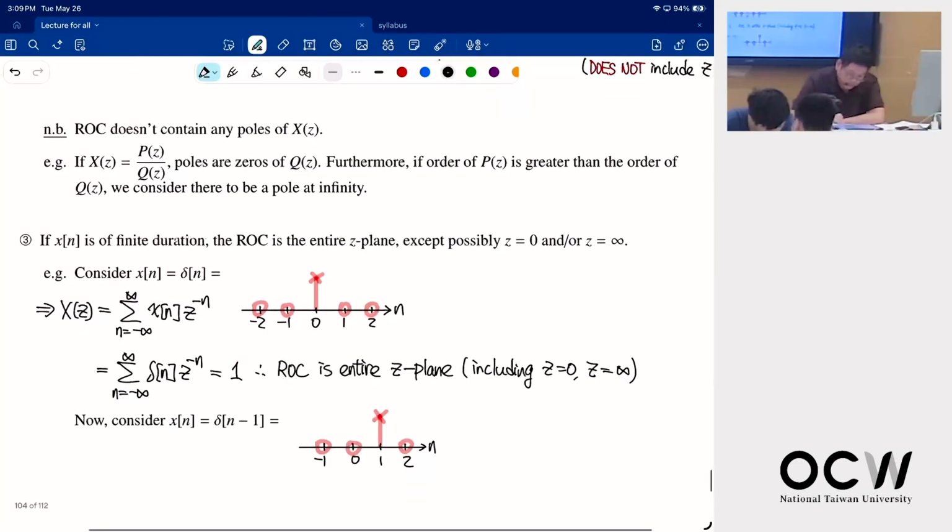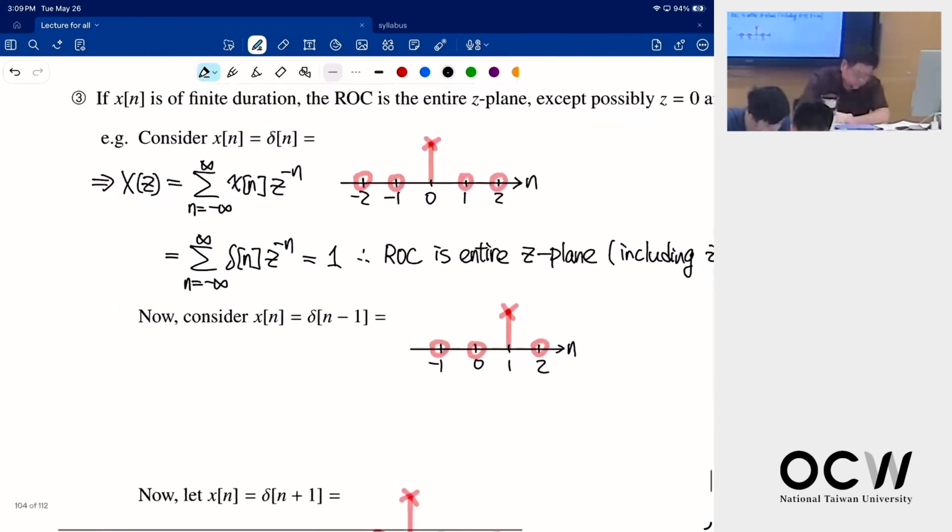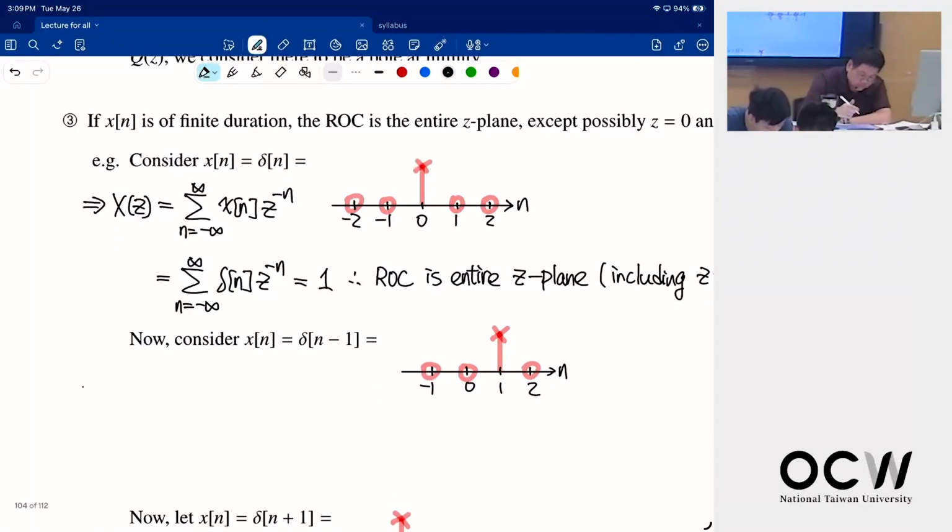If I shift by 1, then what is the Z transform and also the region of convergence? Again, let's find the Z transform.